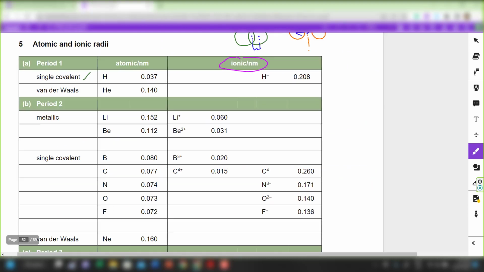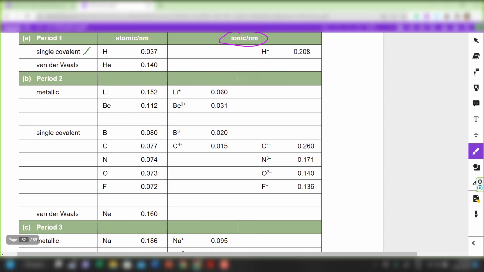So if I go back to section 5 of the data booklet, you notice that the covalent radius decreases across the period, not just from group 3, but you can look at it from lithium and beryllium, though it might not be so accurate because for them we are defining the metallic radius. But of course, if you just lump them together, you could. I think we are just focusing on covalent radius. So if you are looking at boron all the way to fluorine, you notice that it decreases across the period.